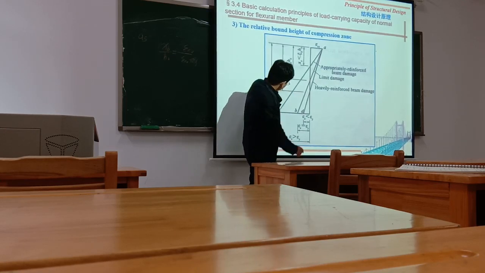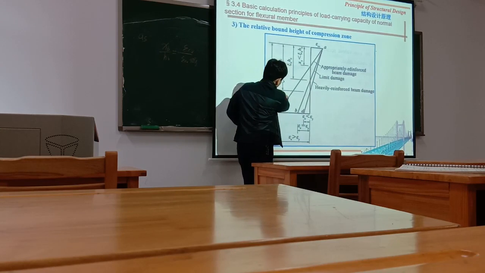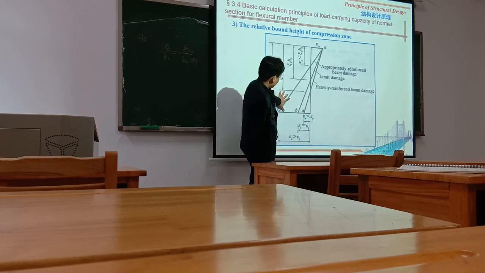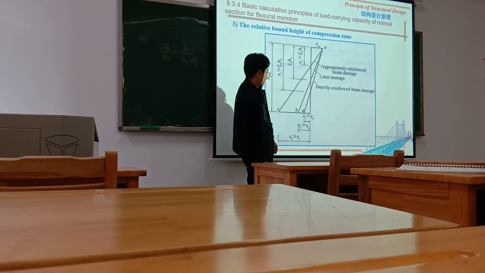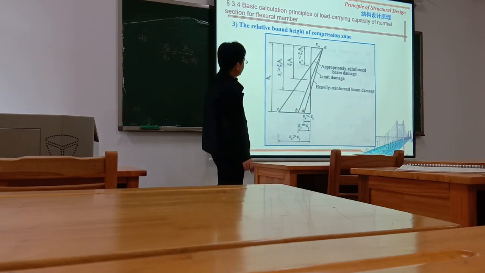So from here to here, we can say c. And then divided by what? Divided by xb, this one. We divide it by this one.